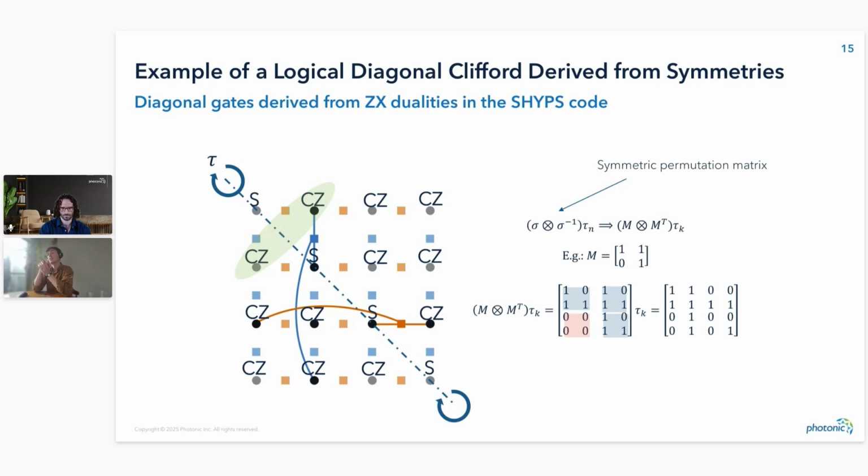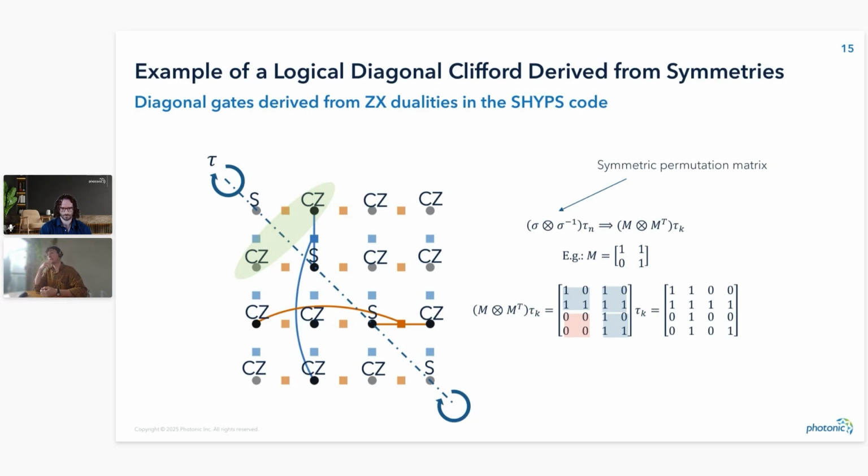So on the left-hand side, we have an example, which is actually sigma being trivial, so just the tau. And what we find is that at fixed points of the reflection tau, i.e. the diagonal qubits, we lay down an S gate. And then if we have any pairs that are connected by this reflection, we lay down a CZ that connects the two. And this is a depth one implementation of a logical diagonal gate.